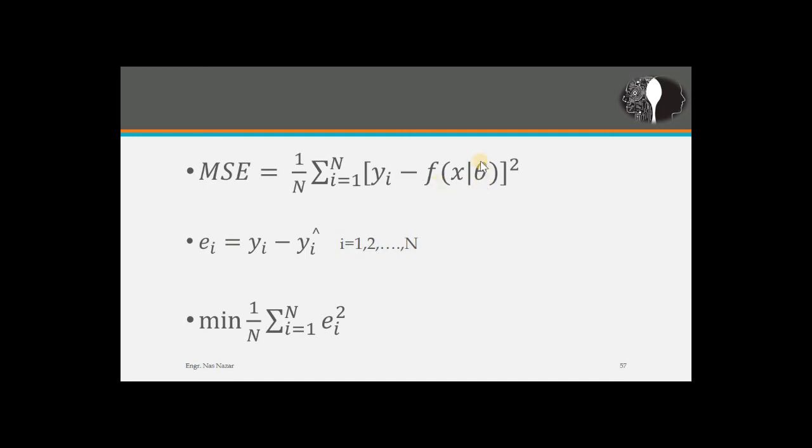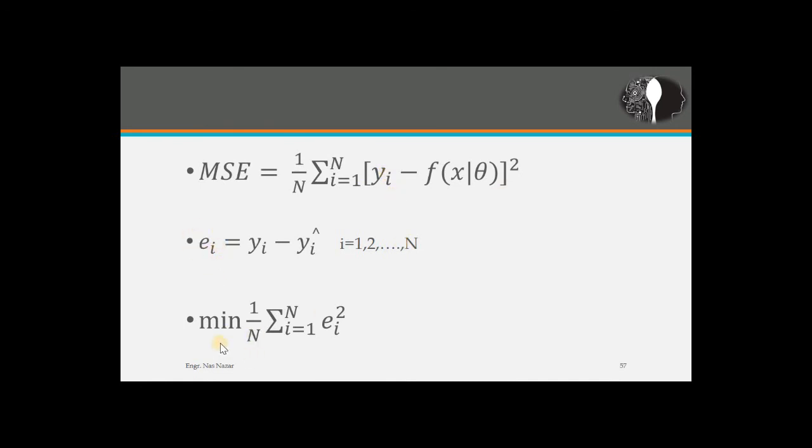In this example, theta would be our weights and biases for our neural network. E of i is equal to y of i minus y hat of i. This y hat of i is the output of our neural network, and i can go from 1 to n. So let's replace this part with E of i.